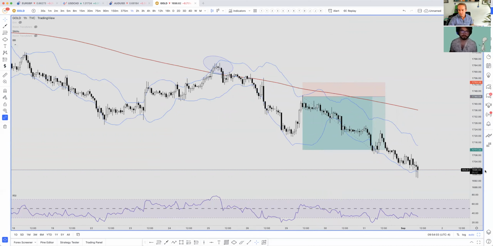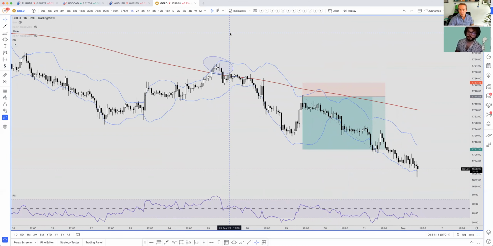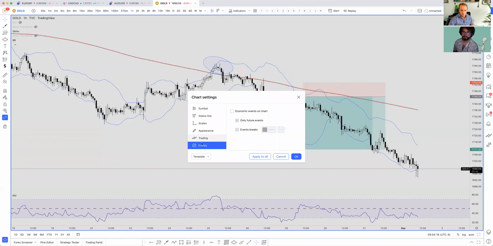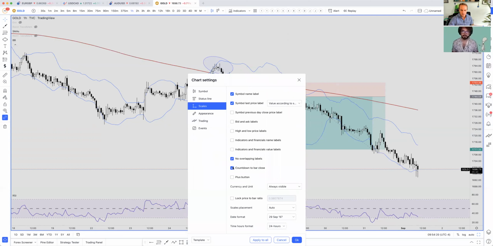And if you're using TradingView, you can set the candle closure time on the scale on the side. Right click, go to your settings, go to scales, and count down to bar close. You can see that on the right side of the screen there.